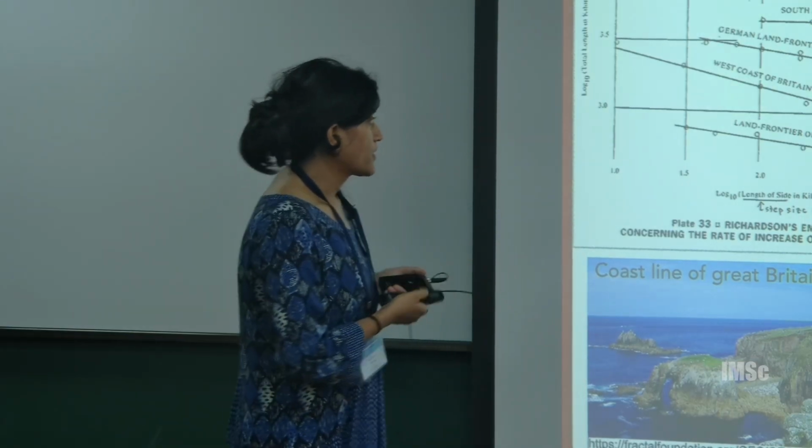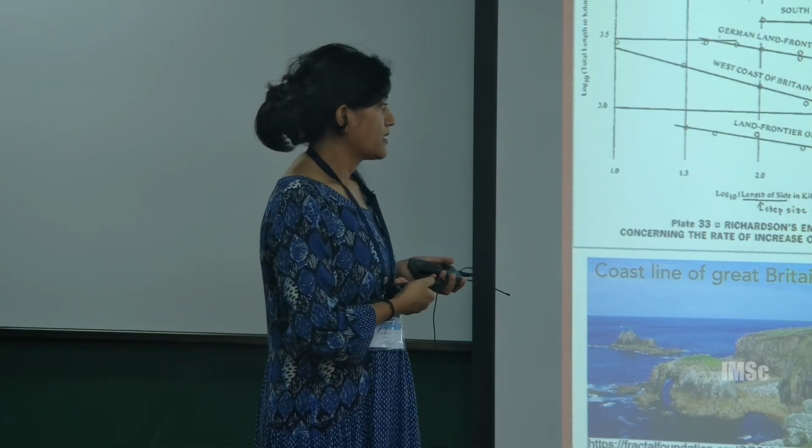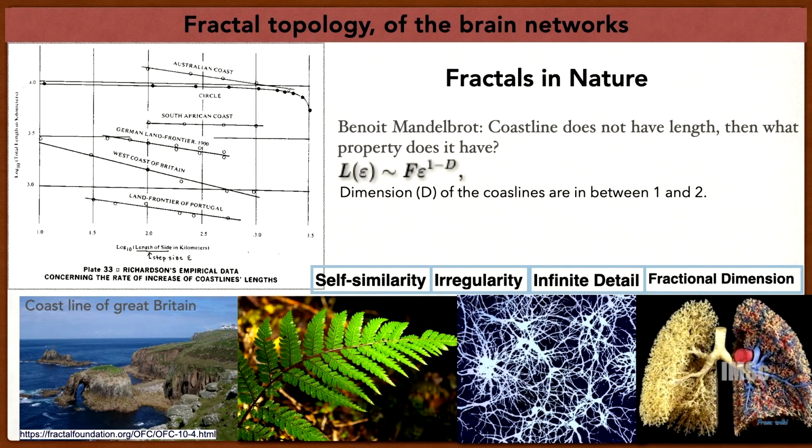But what Mandelbrot found was that the length of the coastlines was changing when he was considering a step size of different length. So here you see this is the step size epsilon. Suppose he took some epsilons.